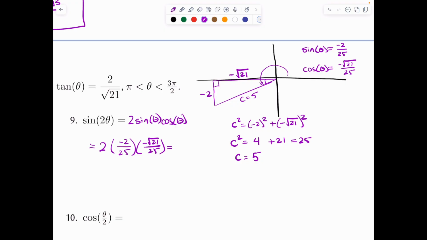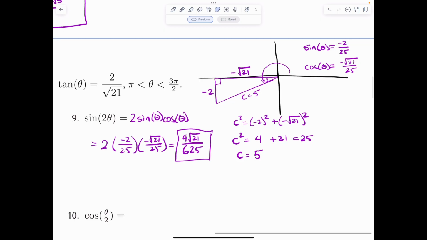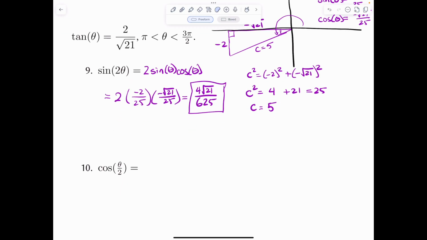I guess we can clean this up a little bit. 4 radical 21 over 625. I'm going to leave it like that. And I'm going to slide it over a bit. There.